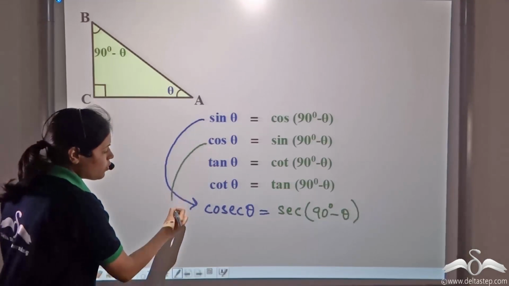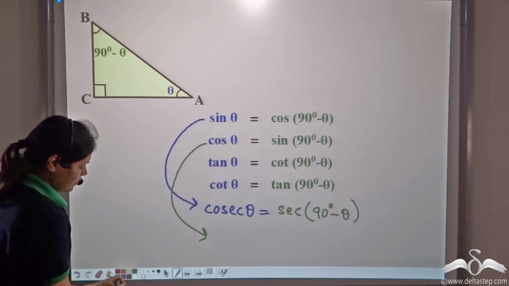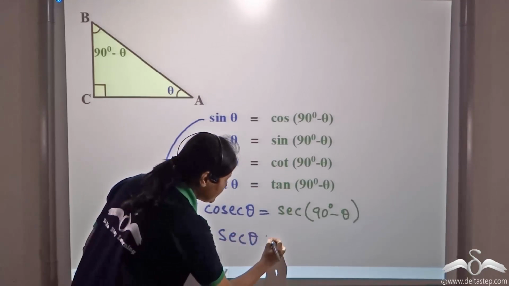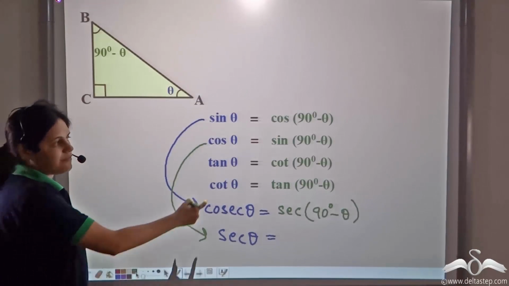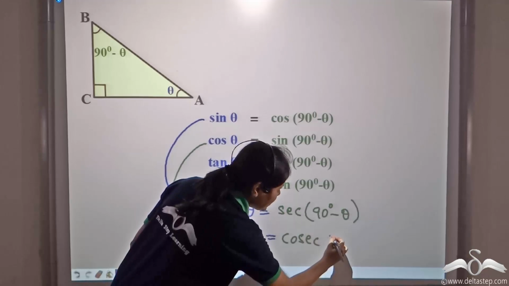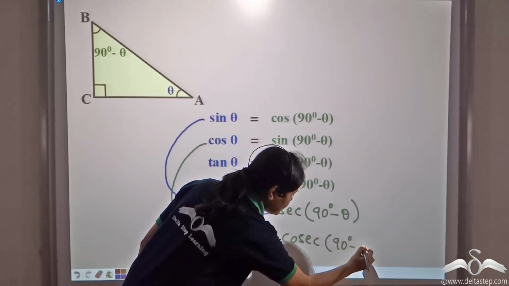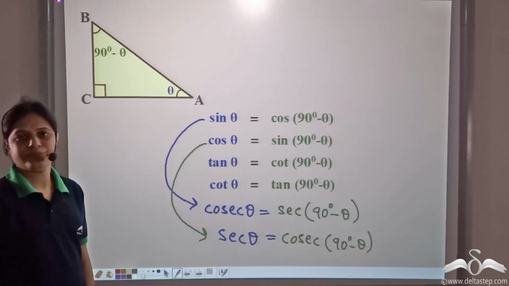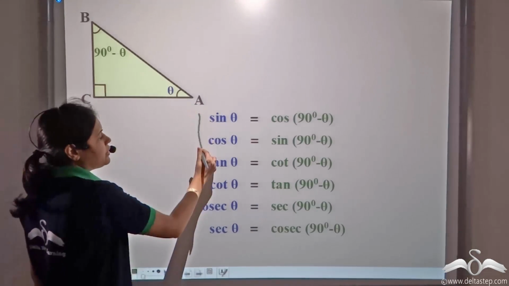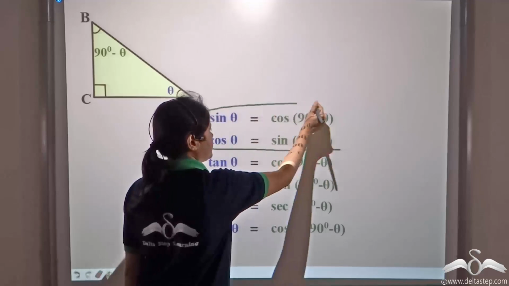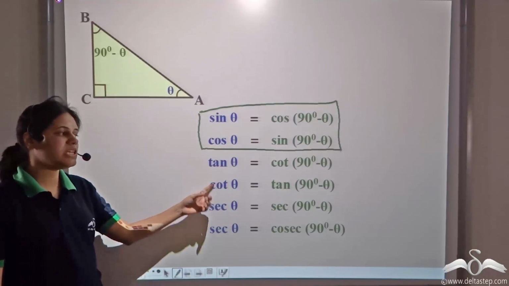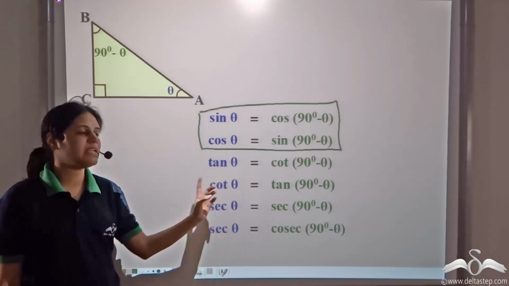If you take the reciprocal of this, then 1 by cos theta is equal to sec theta, and 1 by sine 90 degree minus theta is equal to cosec 90 degree minus theta. So simply these two will give you the remaining relations. So these are the relations for complementary angles.